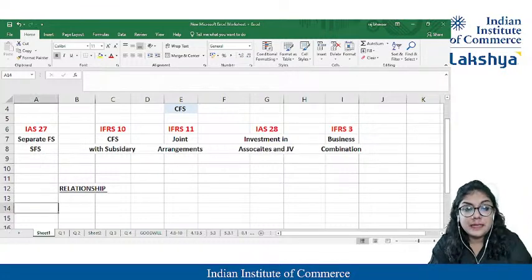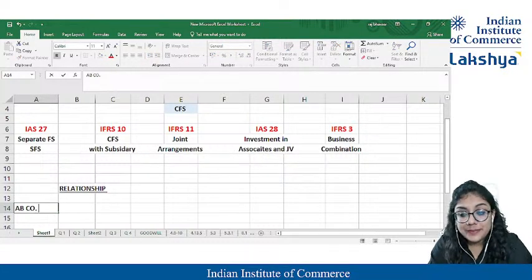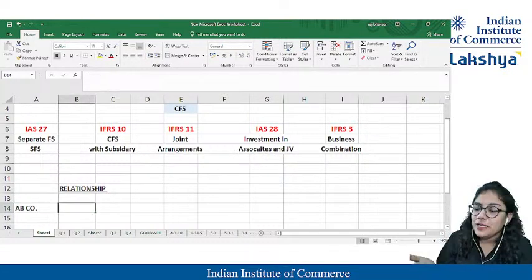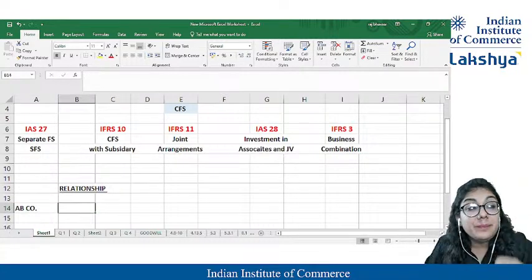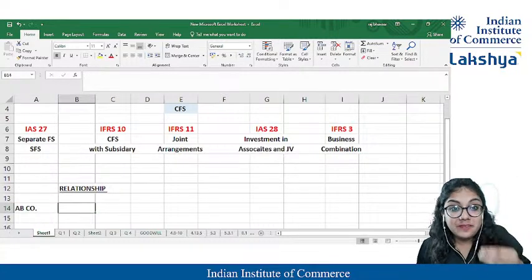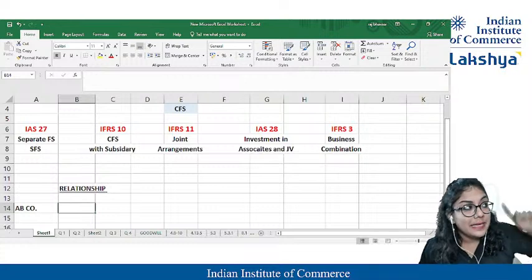So the first thing, let us write ABC company, that is AB company. It's Ashwini Bhanushal, I always make it AB company. Suppose I have a lot of money, so I thought, let me invest in somebody else's company.